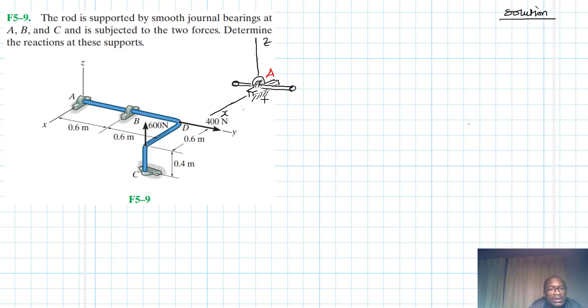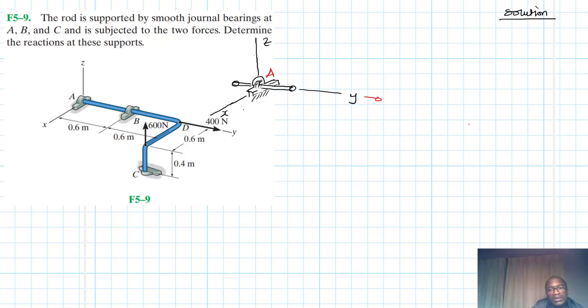If I was to write reactions for just a single bearing and the member through it, this rod is free to move in the Y axis, right?